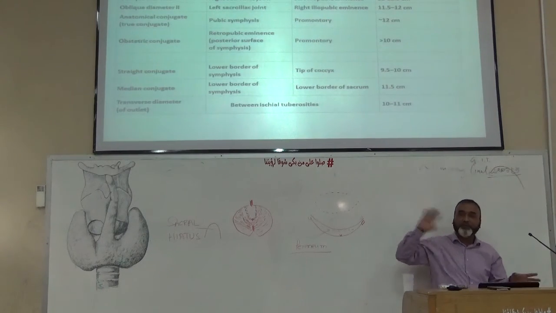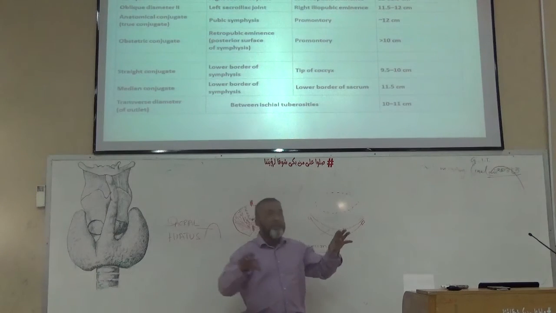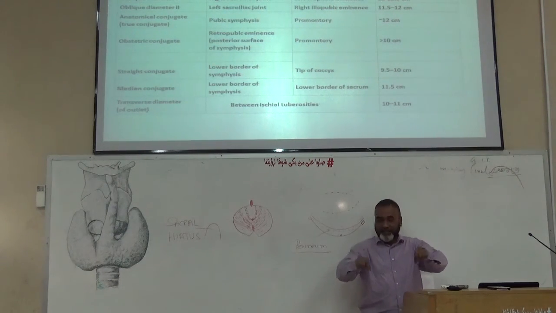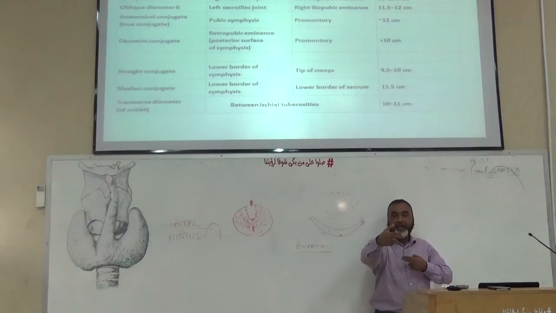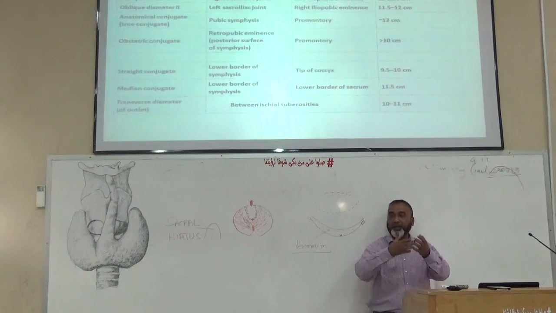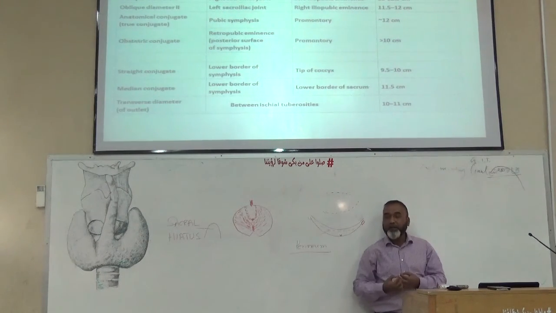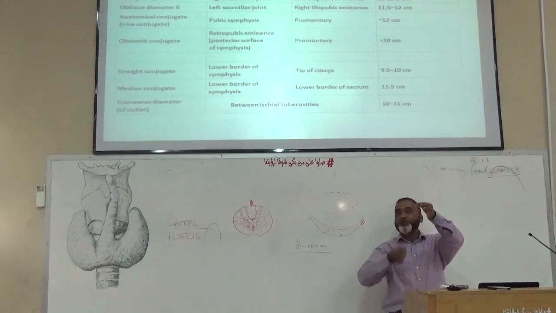When you take this slide, you can see the measurements between the two spines, the measurement between the two ischial tuberosities, and the anterior-posterior. As I told you, the diagonal conjugate between the lower margin and the sacral promontory. Then there is another measurement between the lower margin and the coccyx.